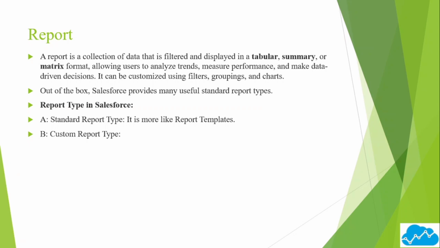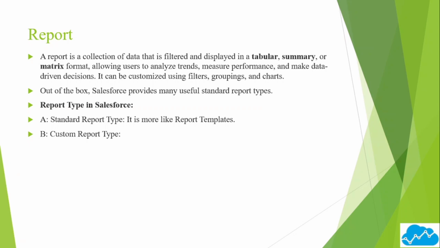Out of the box, Salesforce provides many useful report types. Report type specifies on which object, field, and set of data we are creating the report. Report types in Salesforce are standard report types and custom report types. Standard report types are more like report templates.